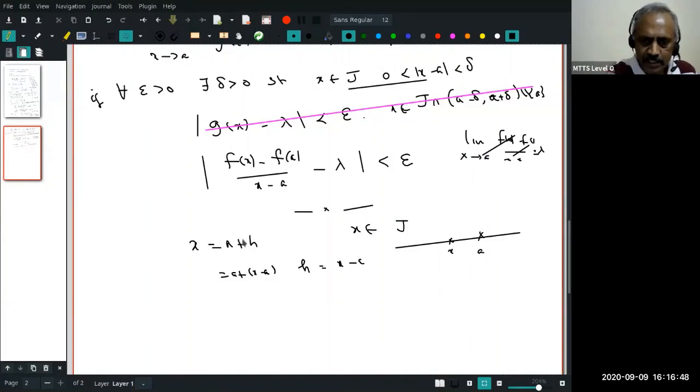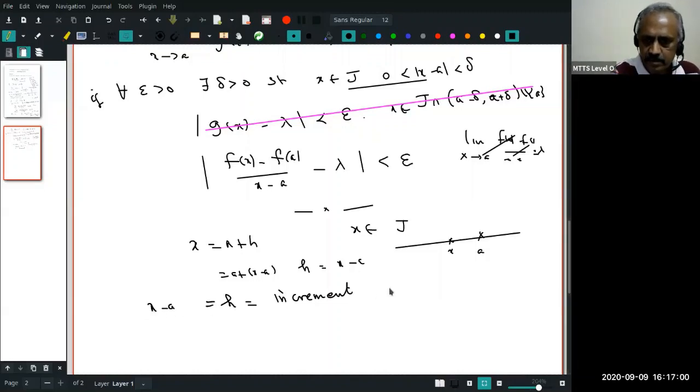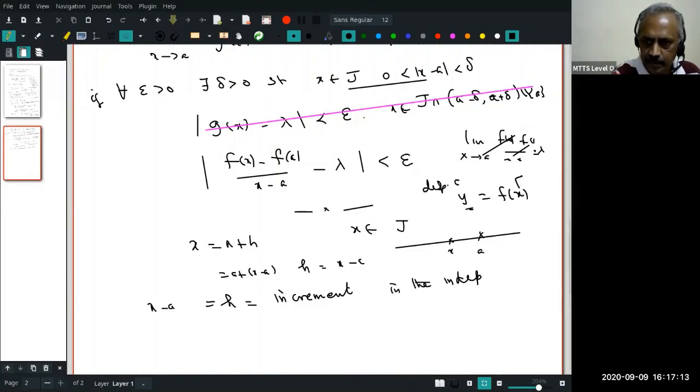So what do you call h in high school? In your 12th standard junior college, you would have called h the increment. That is the same as x minus a. It's an increment in where? In the independent variable, because x is the independent variable. y equal to f(x): x is called the independent variable, y is called the dependent variable.